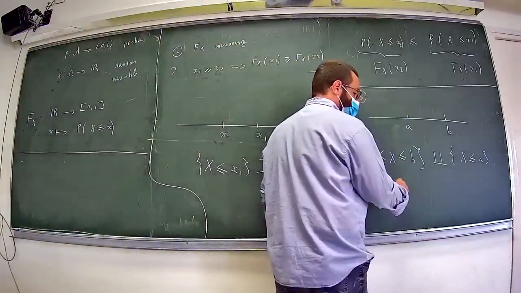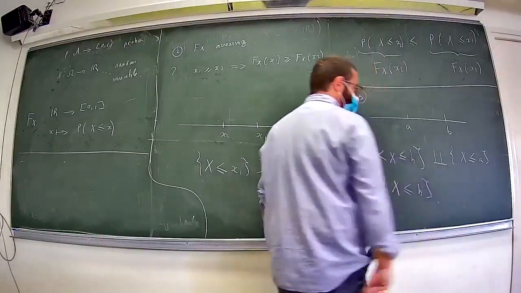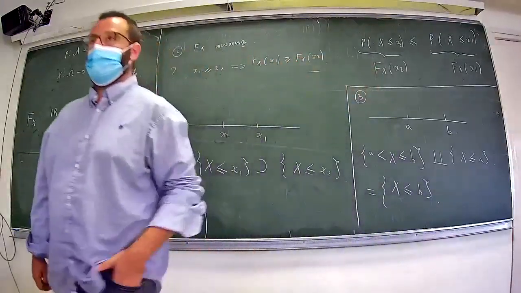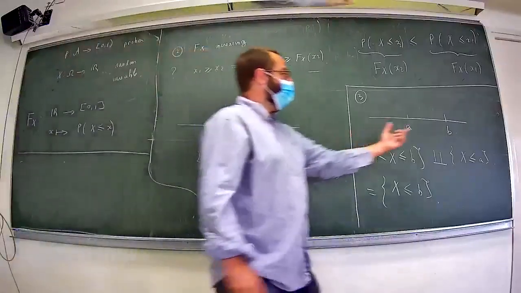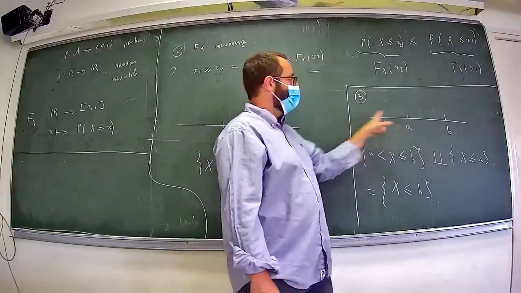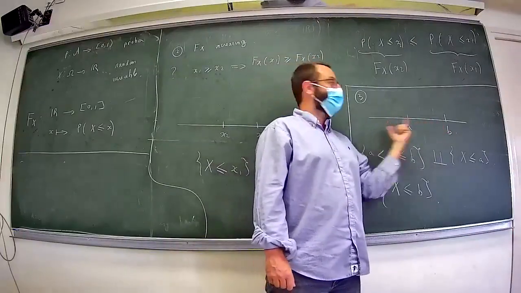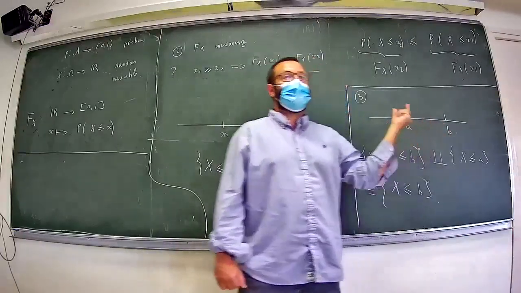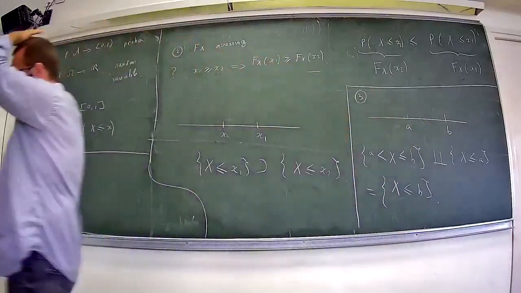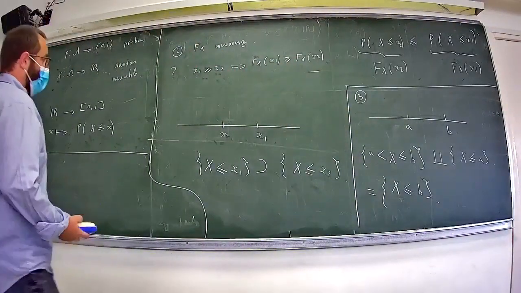It is X less than or equal to B. Just say that if I am less than B, two possibilities: I am here or I am here. I am less than A in the large sense, or I am less than B and strictly greater than A. Okay, basic relation.